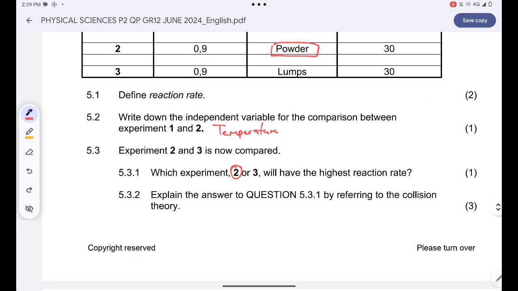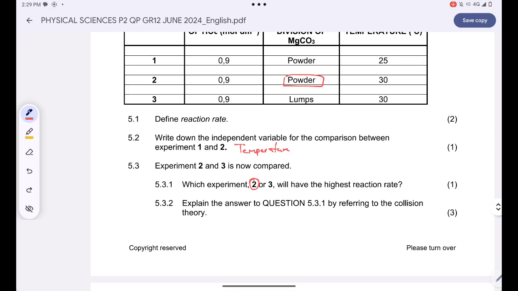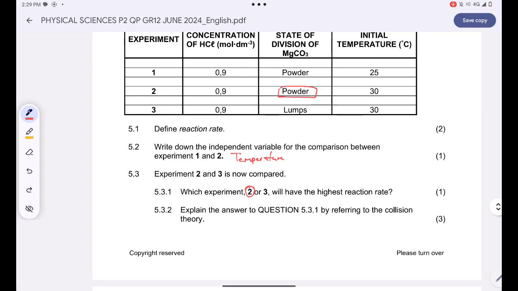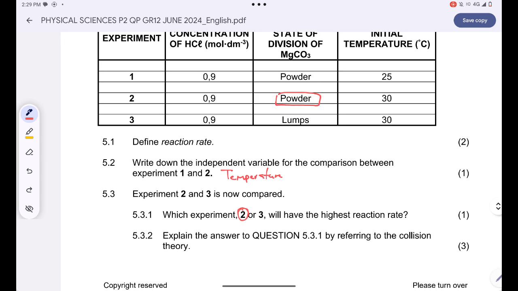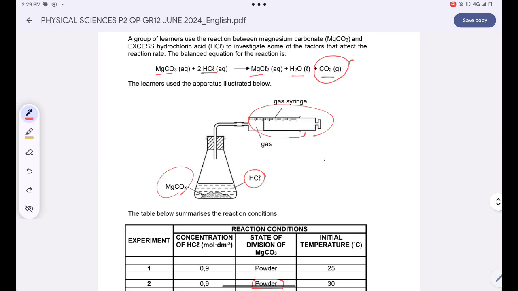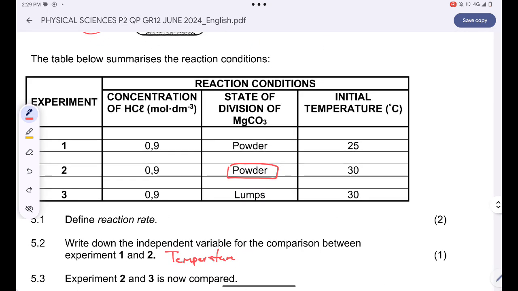Now we are supposed to explain the answer by referring to the collision theory. By increasing the surface area, because I believe that the mass of our magnesium carbonate is the same, unless they told us that the mass is different.